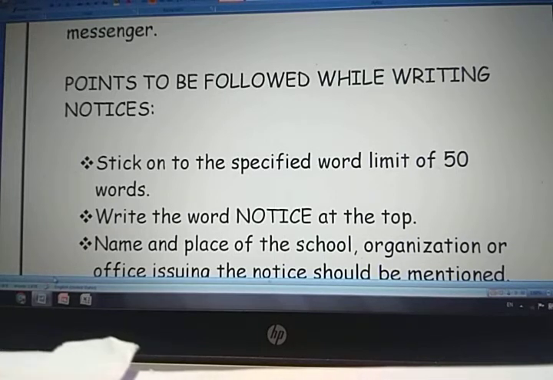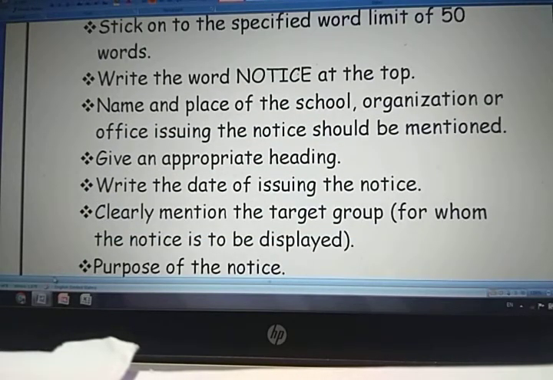So how to write it? First, on the top you should write notice in block letters. Below that you have to mention the name of the school or the organization, whatever it may be. No need to worry. All these things will be given in your question paper itself. Date you should mention.